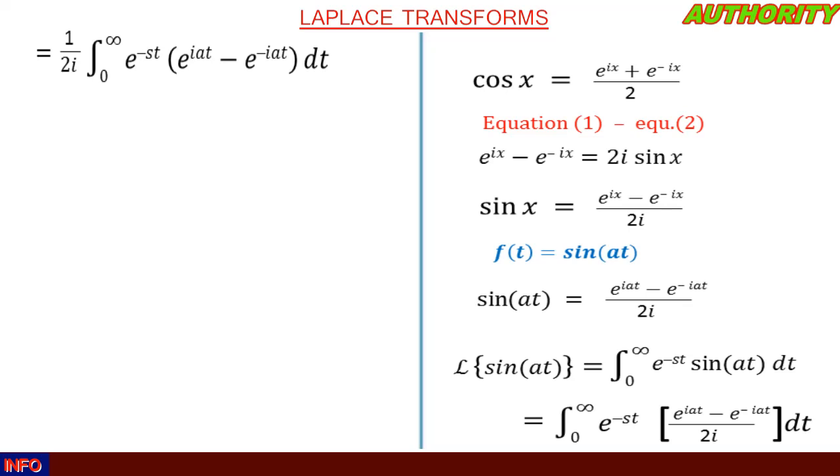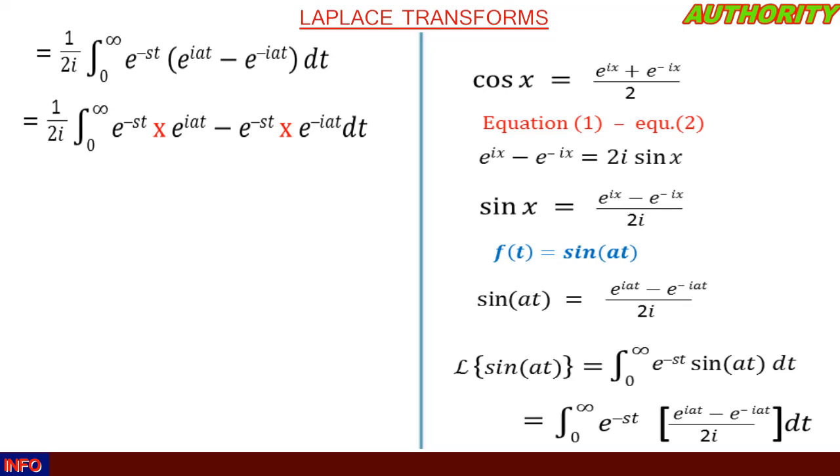So in doing so, we are going to have 1 over 2i, the integral from 0 to infinity of e raised to the power of minus st multiplied by e raised to the power of iat, minus e raised to the power of minus st multiplied by e raised to the power of minus iat, dt. That is when you use e raised to the power of minus st to open the bracket.